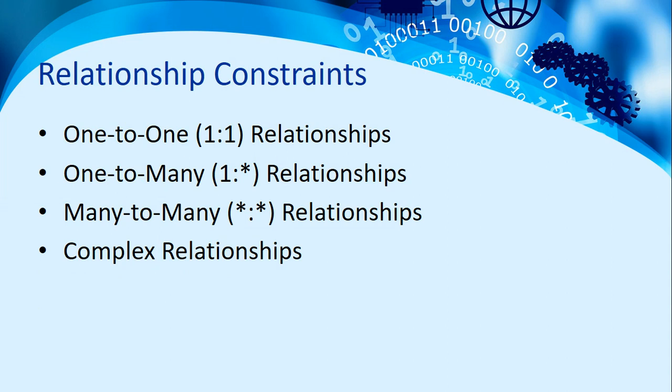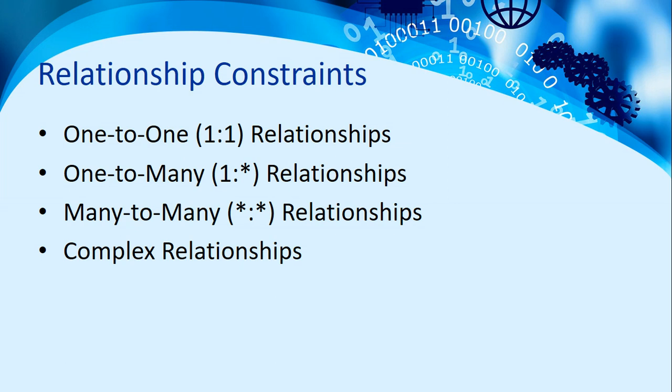So pwedeng 1:1, meaning nito is 1-to-1. So ito yung parang shorthand notation niya. So kung 1-to-many, we have 1:*, asterisk, and then for many-to-many, asterisk:asterisk.